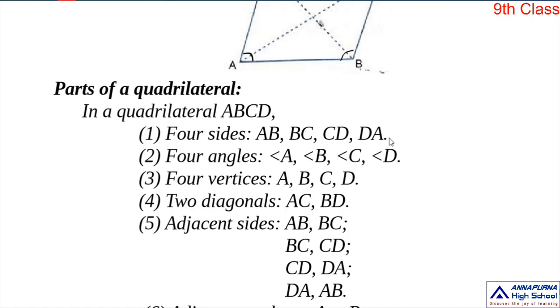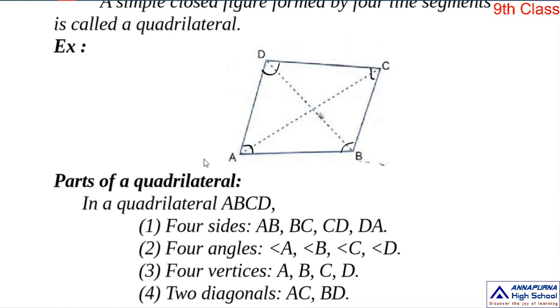What is the definition of adjacent sides? Two sides having a common vertex. B is the common vertex.